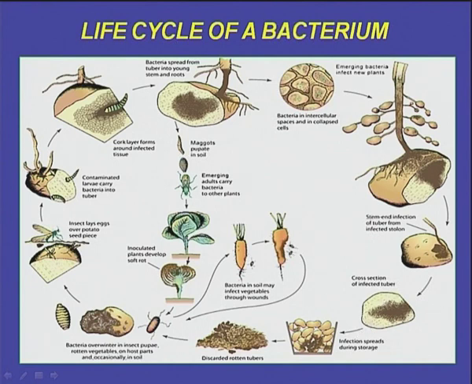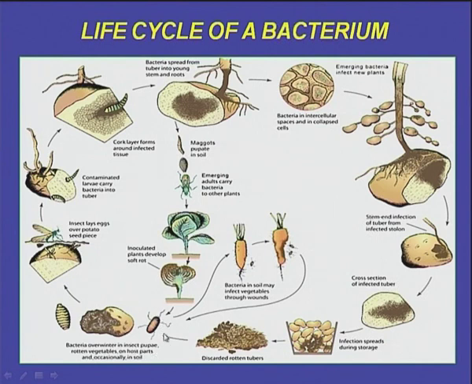The infection spreads during the storage. When the potatoes are stored in the warehouses, the affected bacteria are disseminated to other healthy tubers. Then desiccated rotten tubers we are seeing here, they are rotted by the pathogens.